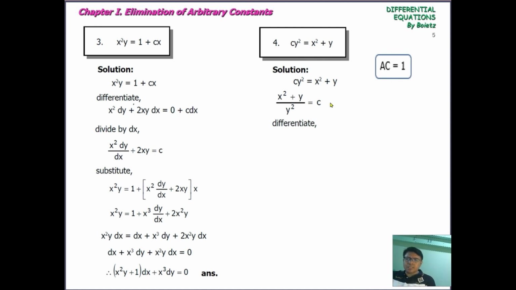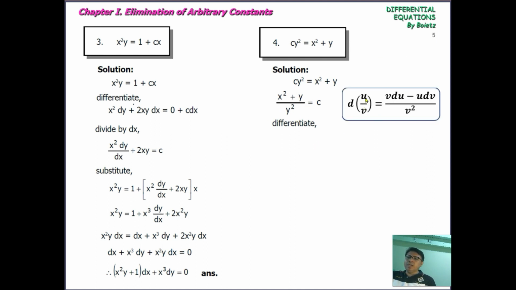Yung arbitrary constant is isa lang uli, yung c lang. Then differentiate, but this differentiation is now quotient, derivative of a quotient. So the formula is derivative ng u over v is denominator muna, then derivative ng numerator minus numerator, derivative ng denominator, all over denominator squared. So yun yun. So kaya pag dinerivative mo to, y squared muna, derivative ng x squared plus y is 2x dx plus dy.